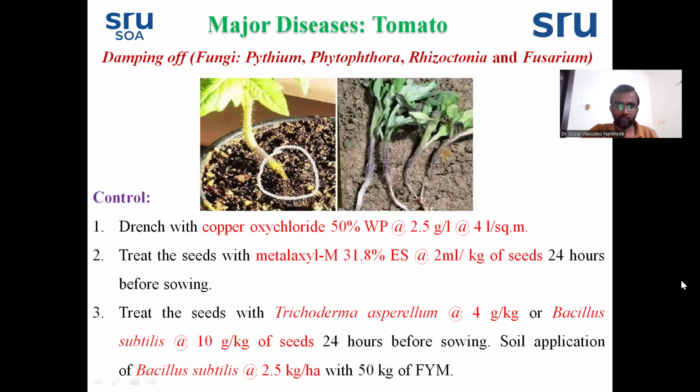Apart from both, seed treatment with Trichoderma asperellum at 4 gram per kg or Bacillus subtilis at 10 gram per kg of seed 24 hours before sowing. Soil application of Bacillus subtilis at 2.5 kg per hectare with 50 kg of farmyard manure. So all these are controls for damping off, right?